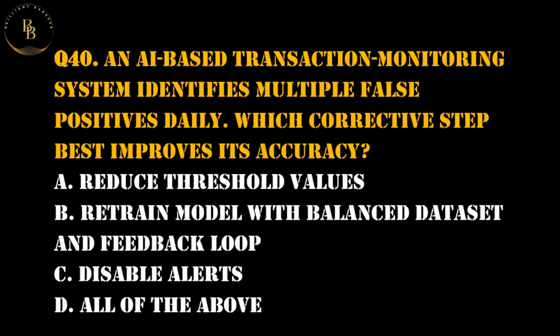Question number 40. An AI-based transaction monitoring system identifies multiple false positives daily. Which corrective step best improves its accuracy? Is it to reduce threshold values, retrain the model with a balanced dataset and feedback loop, disable the alerts, or are all the above right?